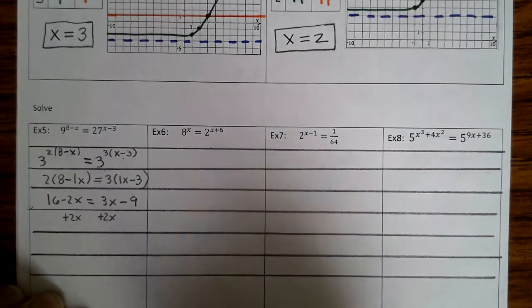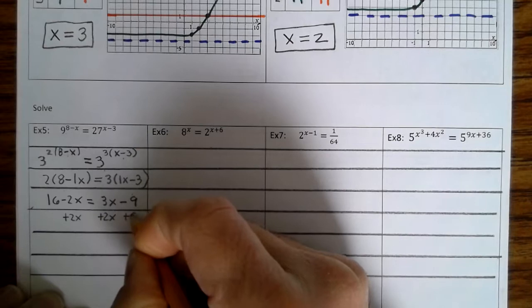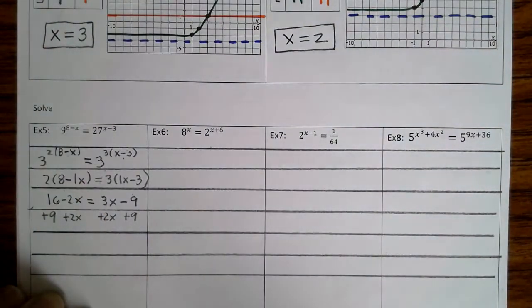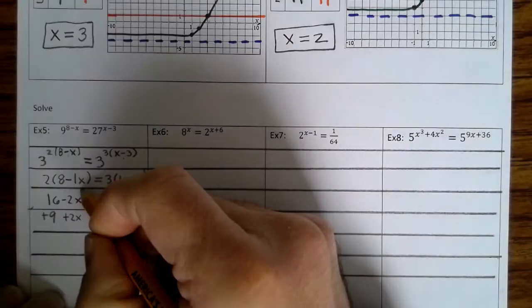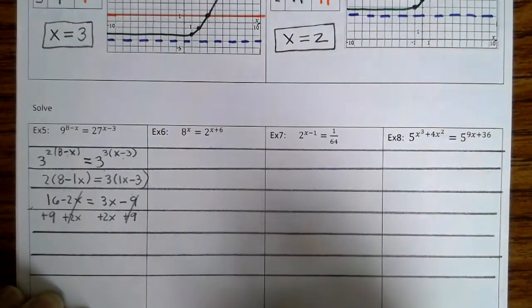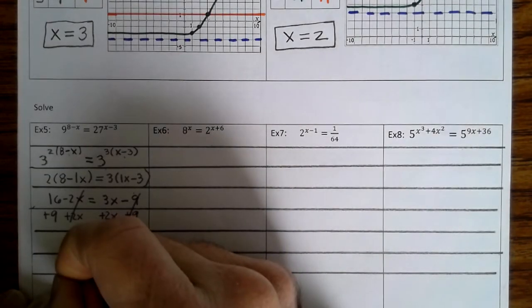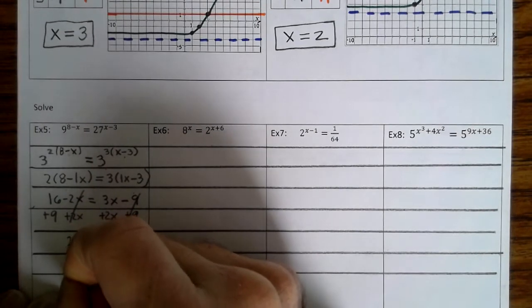So this cancels, you're left with 25 equal to 5x. So you divide 5 by both sides, so x equals 5.